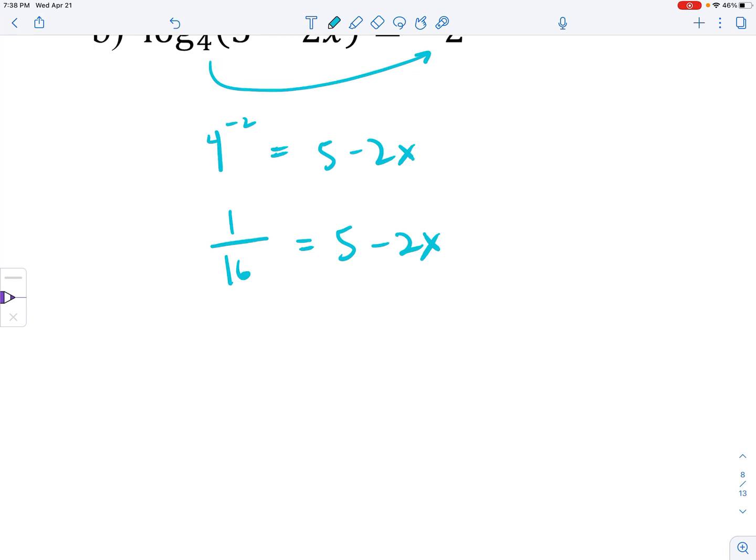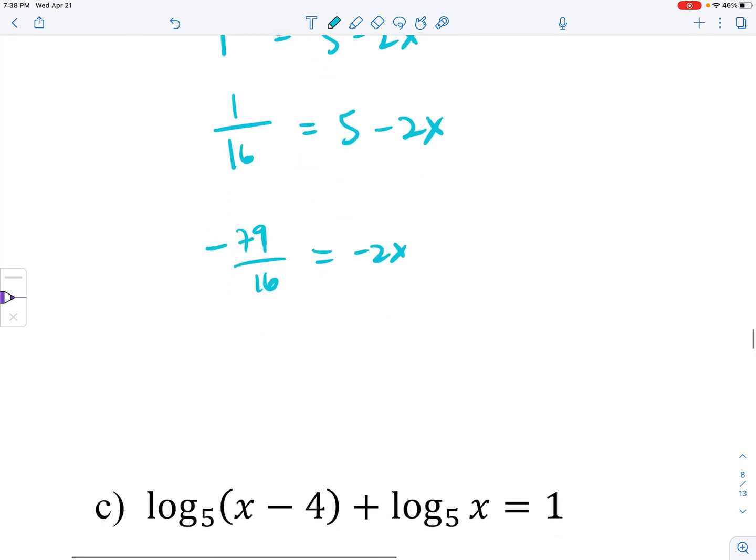And then if we were to subtract 5 on each side, that would end up being negative 79 over 16 equals negative 2x. And then if I were to divide by negative 2 on each side, which is the same as multiplying by negative 1/2, we would get x equals 79 over 32, which I don't believe simplifies.